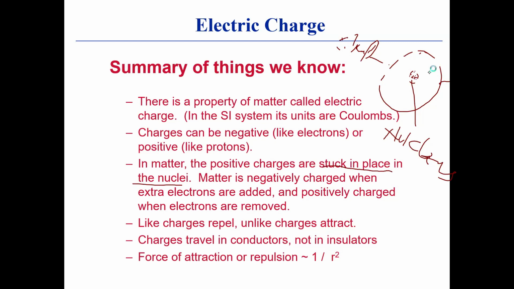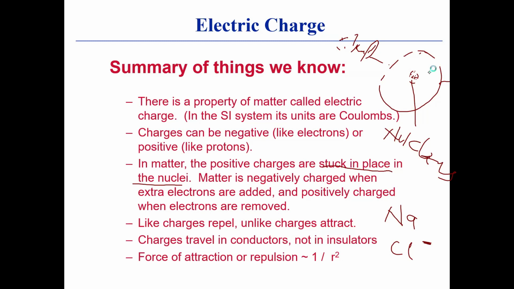And then the matter is negatively charged when an electron is added, like for example when we have sodium and chlorine. When an extra electron is added, the matter becomes negatively charged, like chloride here, which is negative because an electron is added.